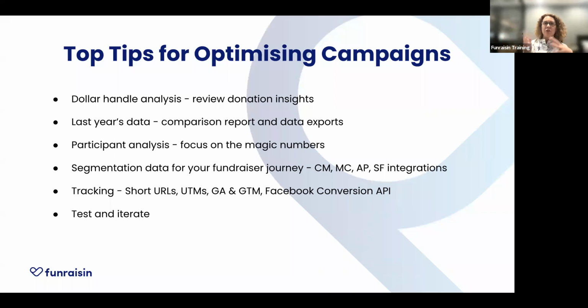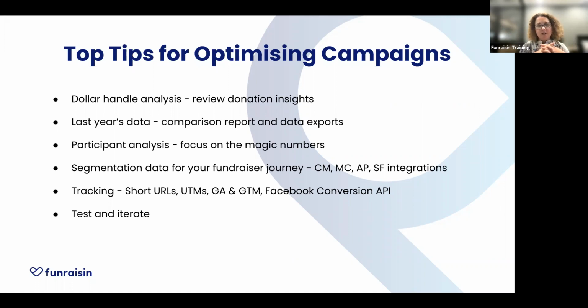I know sometimes it's not possible because, for someone like the Fred Hollows Foundation, it costs $25 to restore sight. You can't really make that $27 or $32. It's $25. But if you have flexibility in the way that you can explain where the money goes, then it's definitely worth optimizing those dollar handles throughout the campaign.